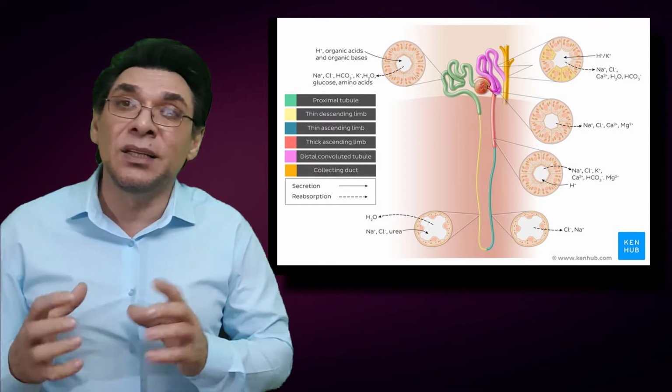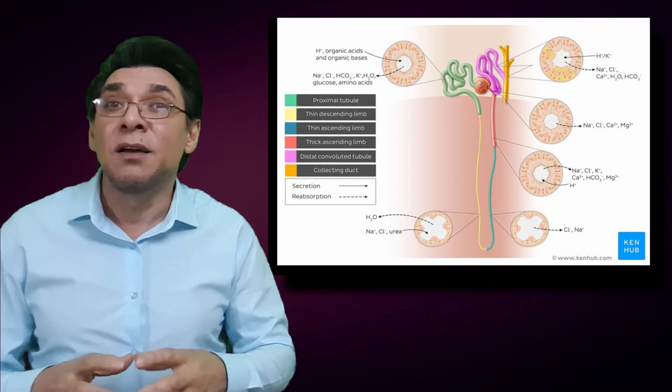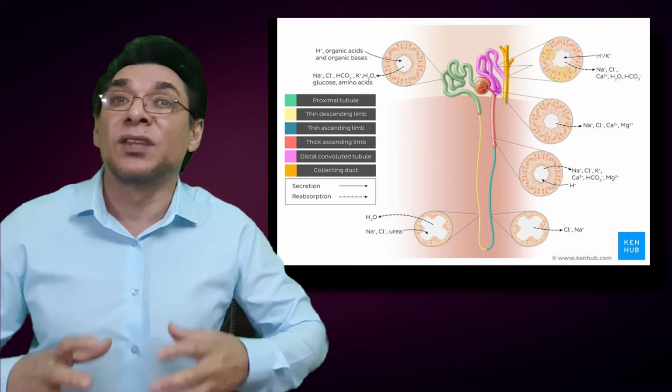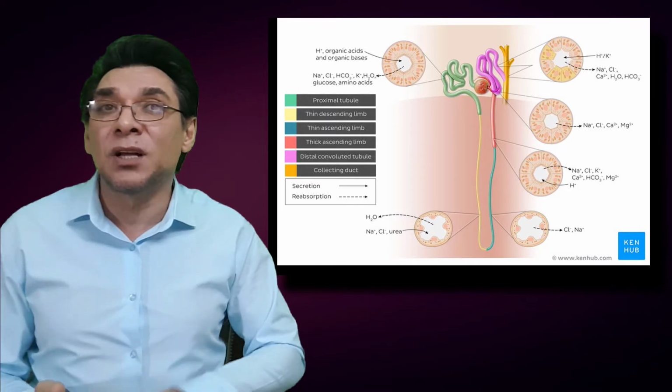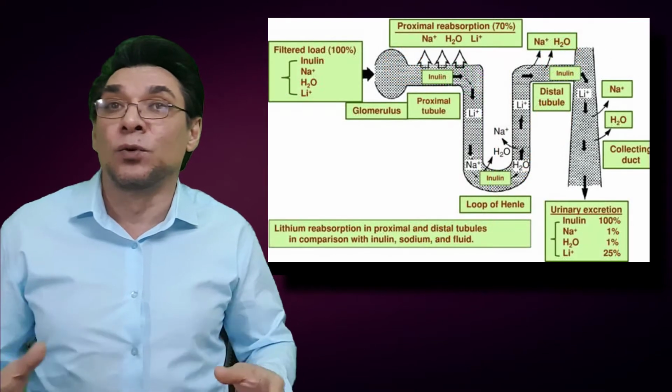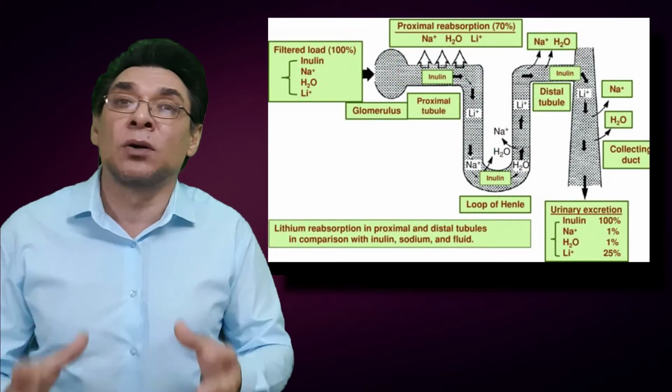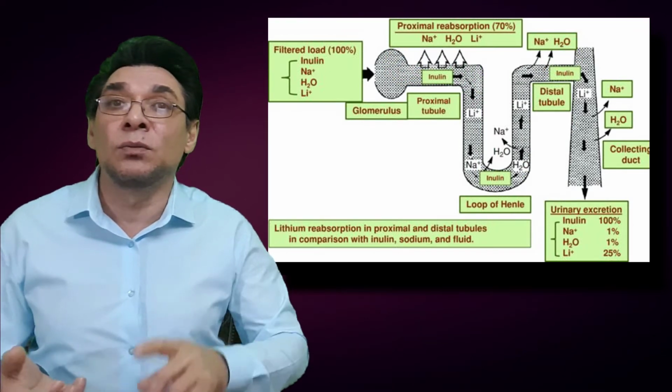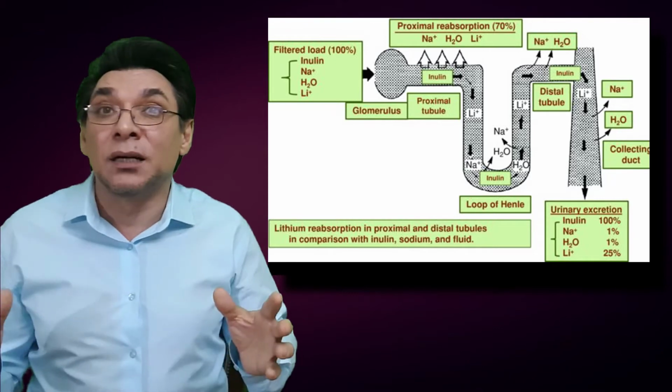The descending limb of the loop of Henle further concentrates the filtrate. The renal medulla contains very concentrated interstitial fluid that has large amounts of sodium and chloride and urea as well.